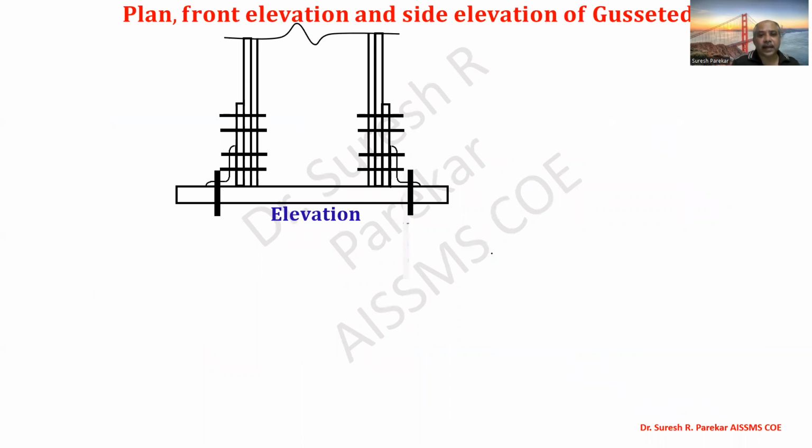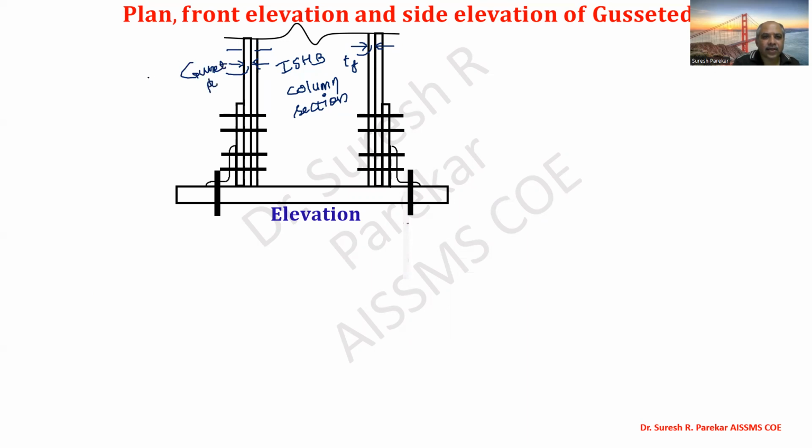Now in gusseted base, you have to keep in mind we have this ISHB column section. Then we have these 2 lines, from both sides, this is your thickness of flange. And then these next 2, I will say this is the gusset plate.